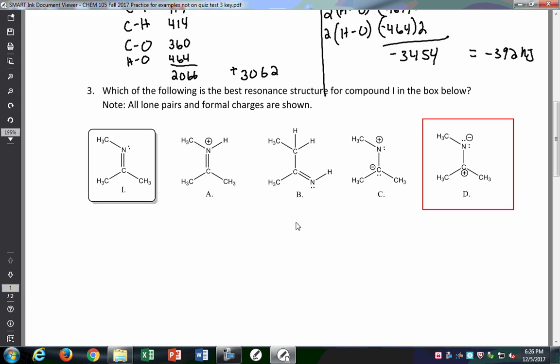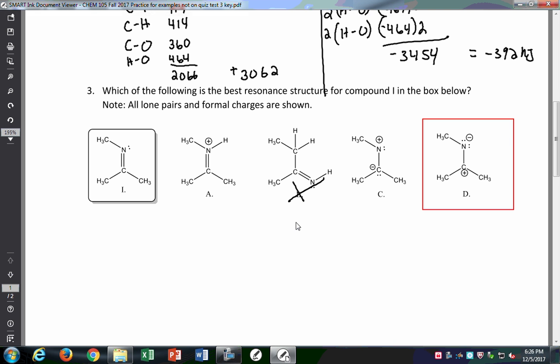Here we have a C, a nitrogen, and an H. That's not right. We don't have an H attached to our nitrogen, so we already have different connectivity. So if the connectivity is different, it's not a resonance structure, no matter what else.